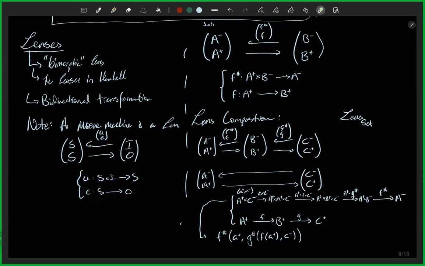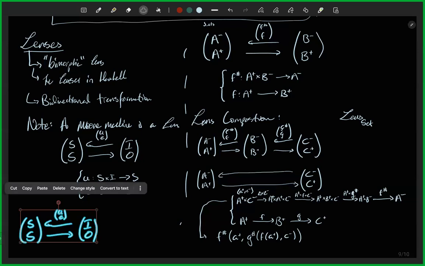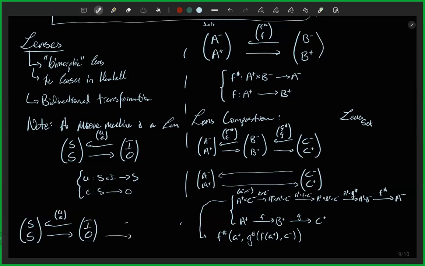By lens composition, if I take such a thing and compose it with any other lens, the resulting composite still has the back two being S, so this must give us a new system. And so lenses act on systems on the right by composition.